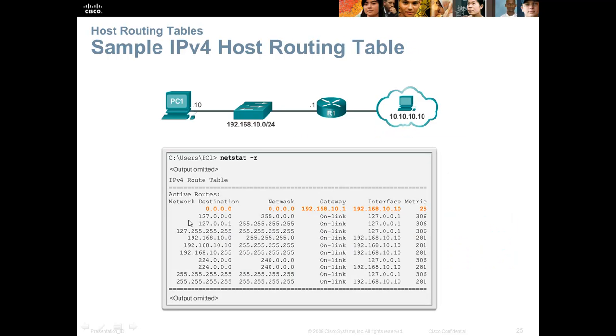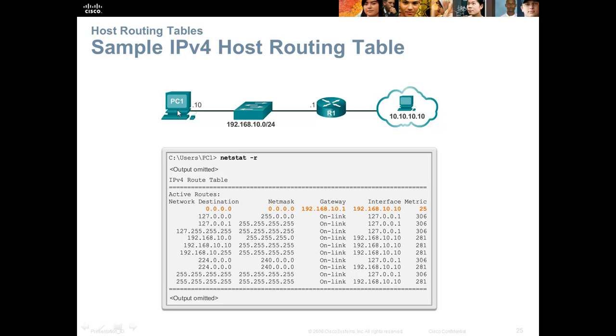One thing I'd like to point out here in the host routing table is the destination network of 0.0.0.0 with the subnet mask of 0.0.0.0. This is in here to meet any network that we do not have a route for.